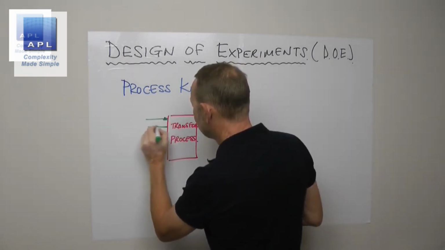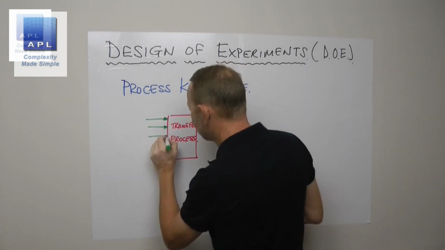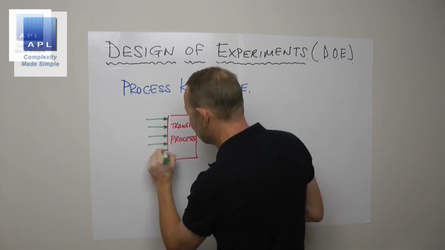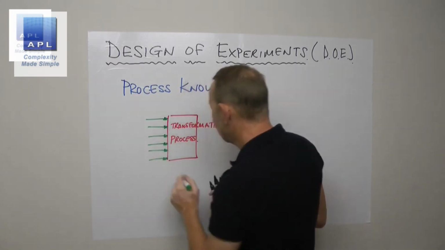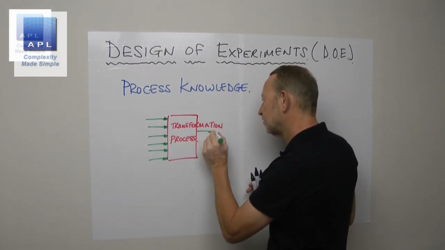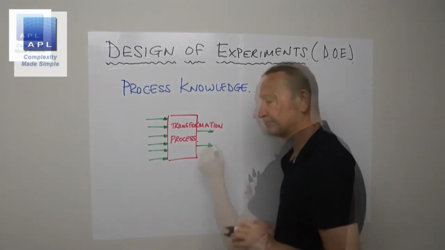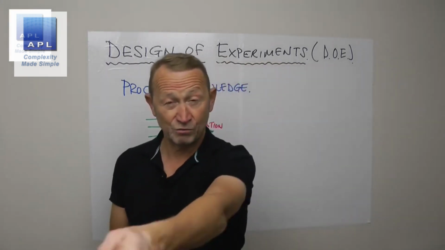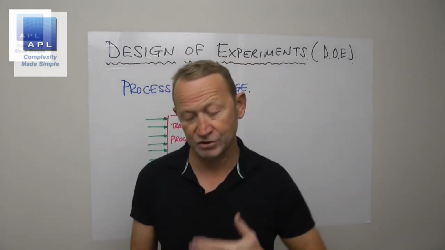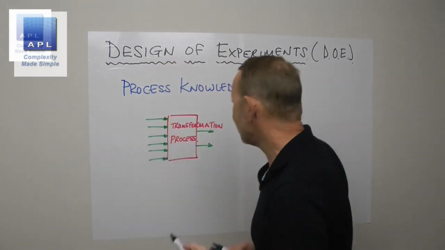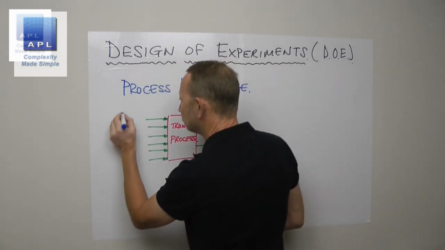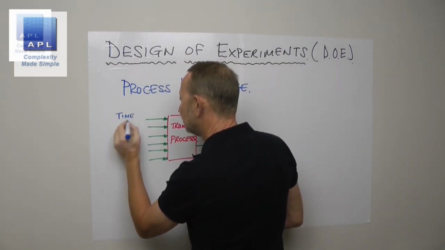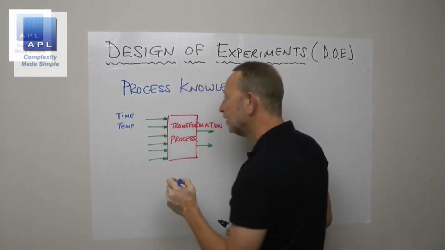Imagine that you have 6 input parameters. Now, of course, often these are dials, so we can adjust the settings on our process. So let's say they are time. We'll pick something which is very physics in nature.